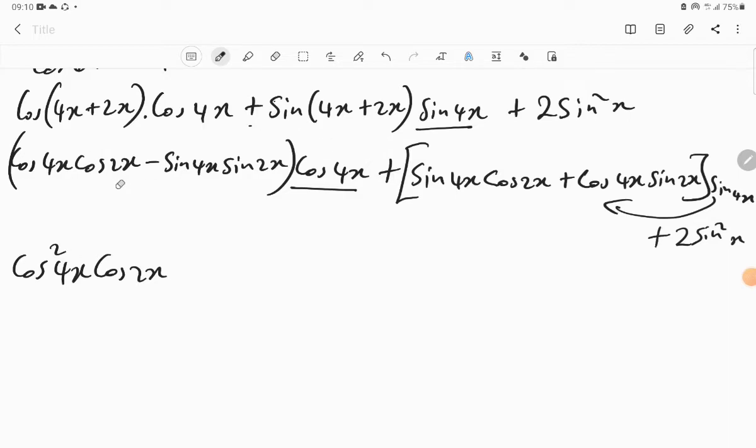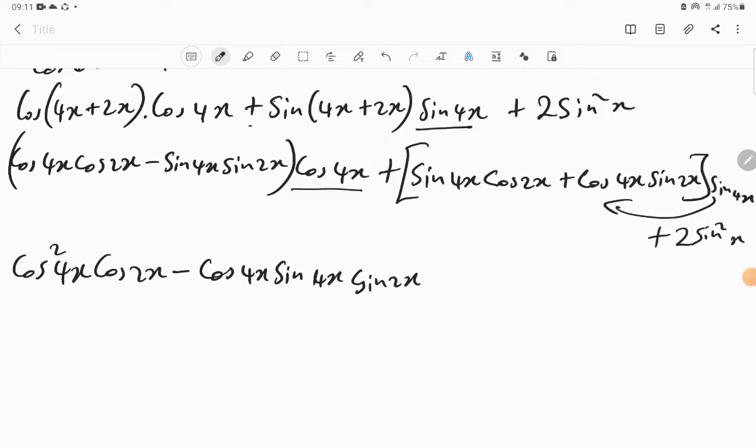Then we also have this times that, which is going to be negative cos 4x sine 4x, then sine 2x. Then we are done distributing this cos 4x.